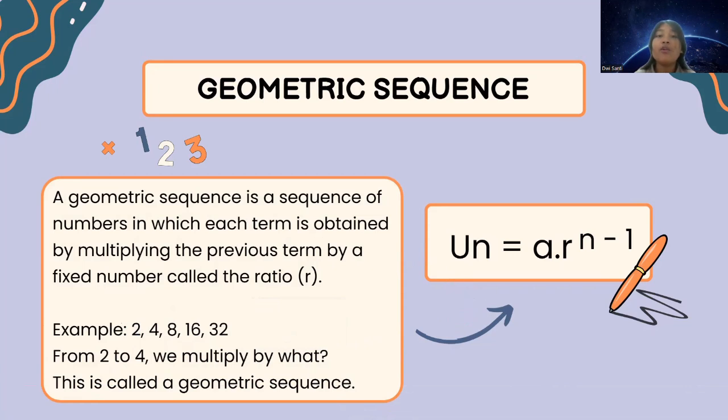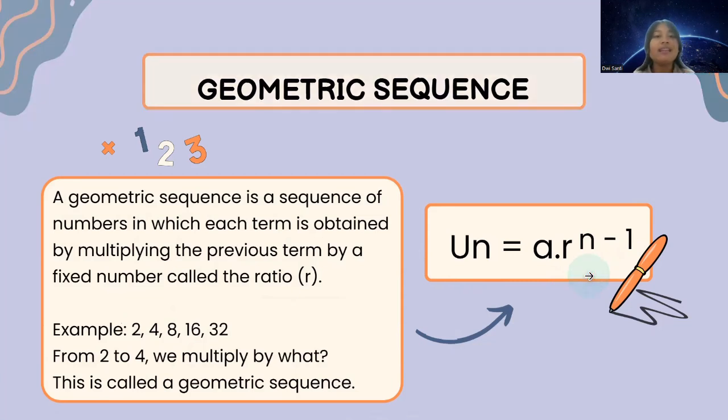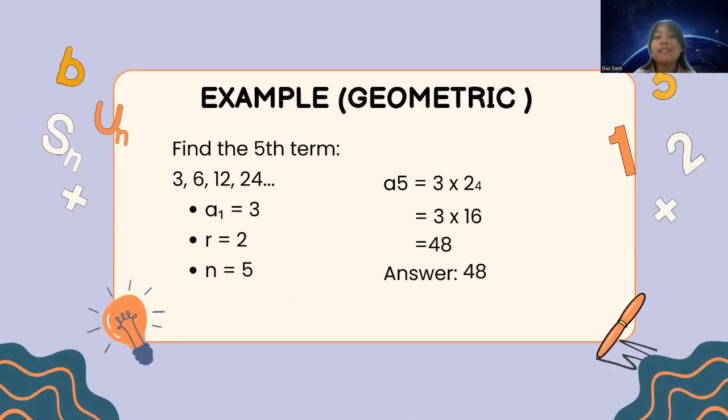And the formula for a geometric sequence: Un equals a multiplied by r to the power of n minus 1, where r is the common ratio. Next, example geometric: find the 5th term of 3, 6, 12, and 24.